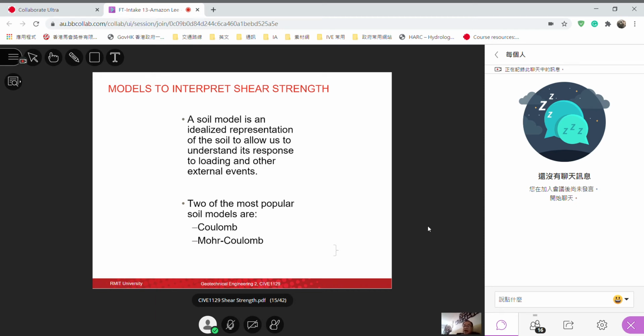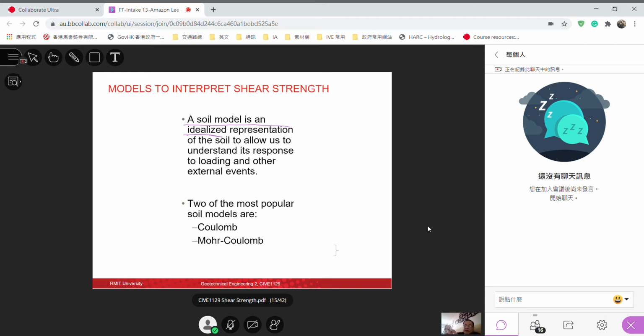Then, of course, we engineers, especially at undergraduate level, have to simplify this concept. And that's why we developed the Coulomb model, or later further developed it into the Mohr-Coulomb failure criteria. In this Mohr-Coulomb failure criteria, the soil model is idealized.